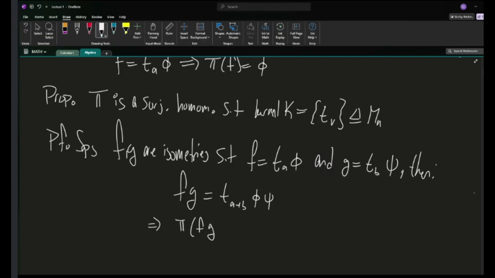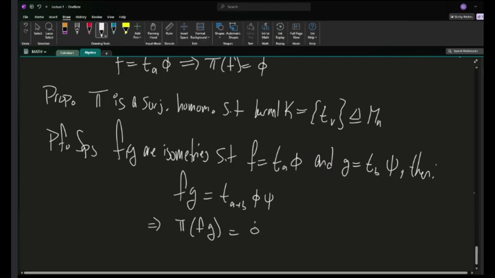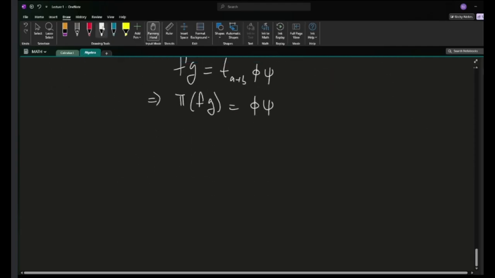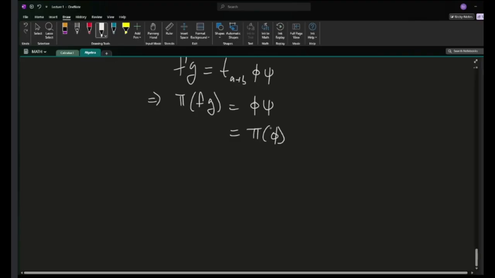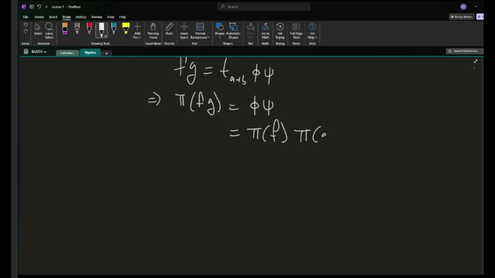Then pi of F G is equal to phi and psi, which, funny enough, comes out that this is actually just a homomorphism, pi of f times pi of g.